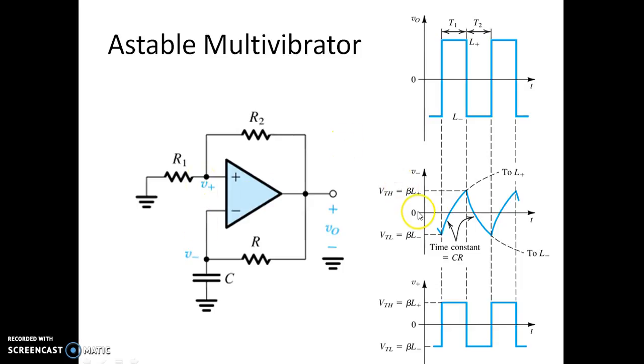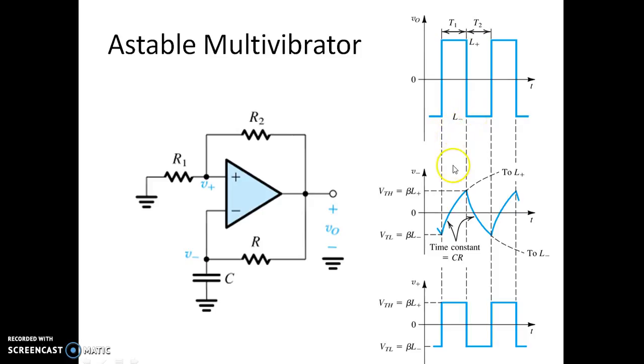The capacitor is charging, and on its way, whenever it exceeds beta Vsat, this voltage becomes more than this. When V minus is greater than V plus, the output makes a transition from plus Vsat to minus Vsat. Likewise, whenever it tries to exceed VTH, the output makes a transition from plus Vsat to minus Vsat.